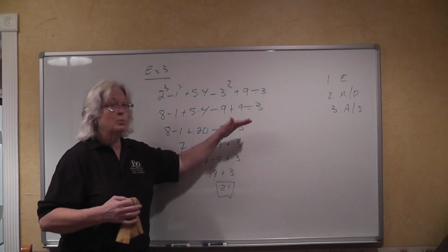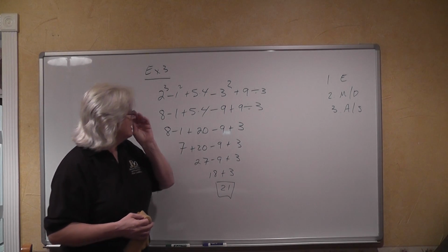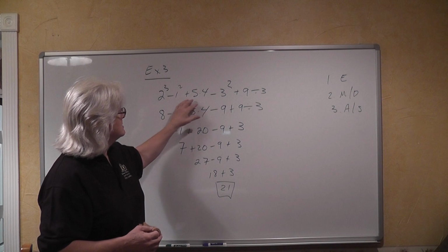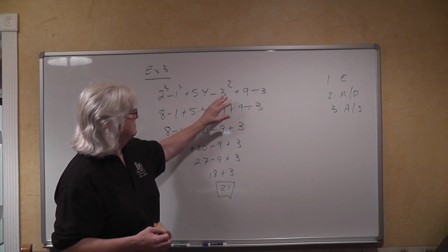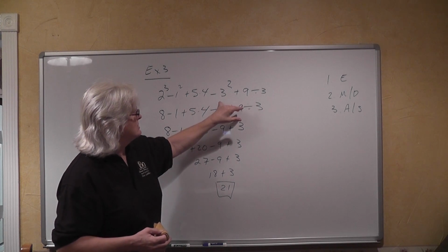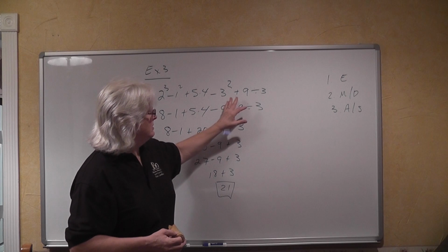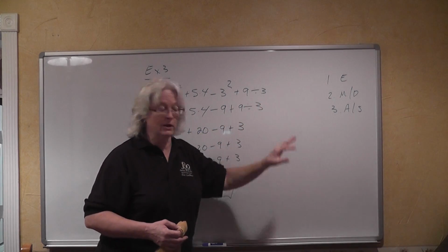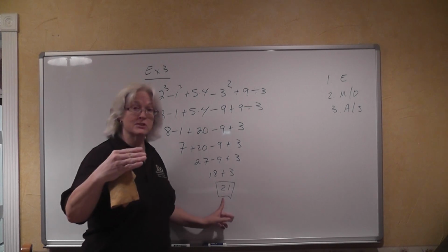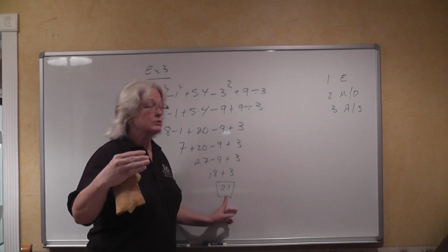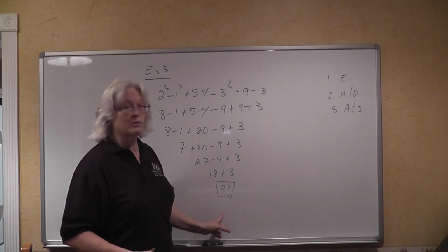And guys, this is really what you need to be doing. I don't need you to look here and say, okay, that's 8 minus 1 is 7, plus 20, 27, minus 9 is 18, plus 3 is 21. See, you gain enough skill and you have enough understanding of the order of operations, and you can go in your head from here to here.